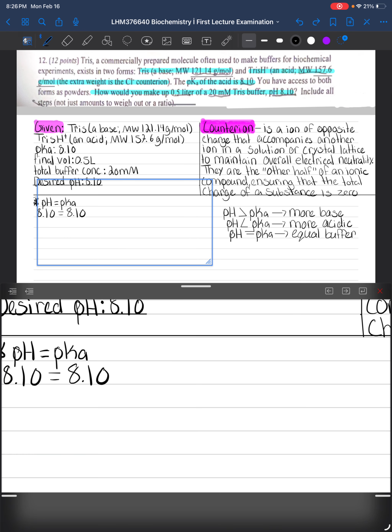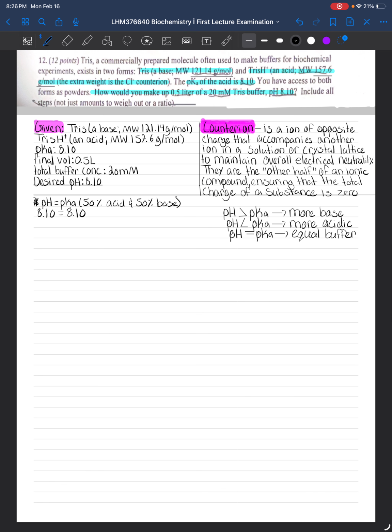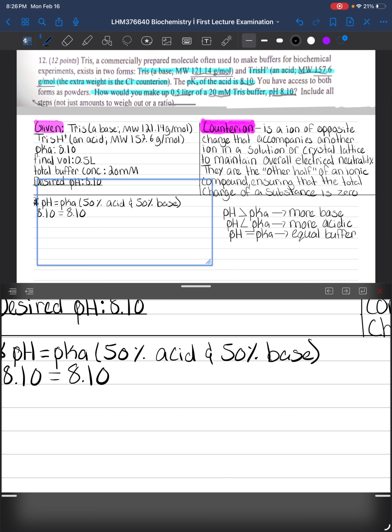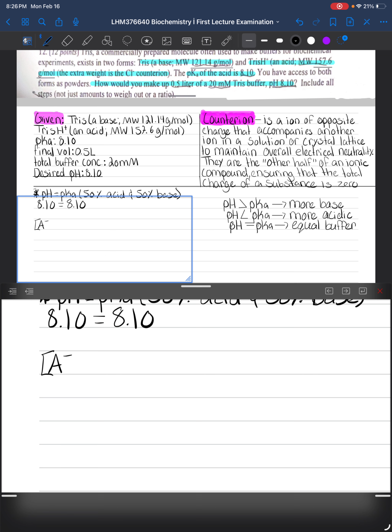So 50% acid and 50% base. In other words, let's write it like this too: A minus equal to HA.